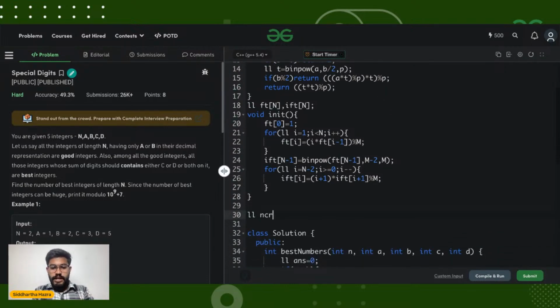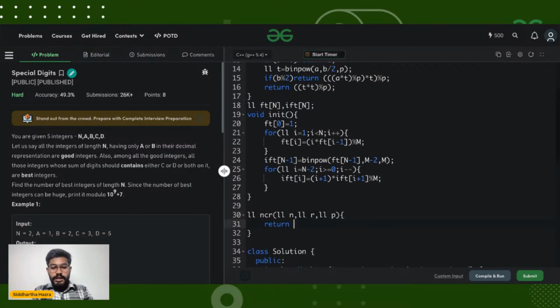Long NCR, which would take long n, long r, and long p, and this would return the value of n factorial multiplied by the inverse factorial of n minus r, multiplied by the inverse factorial of r, and this whole thing is modulo the value p.